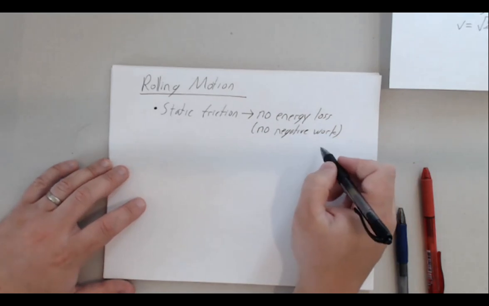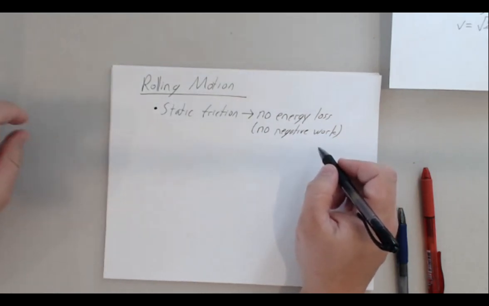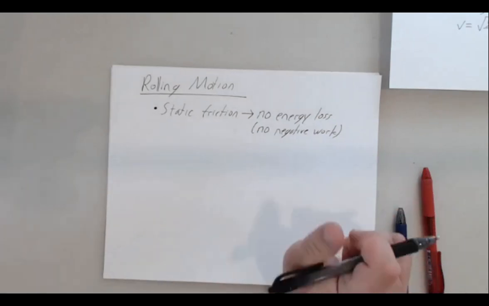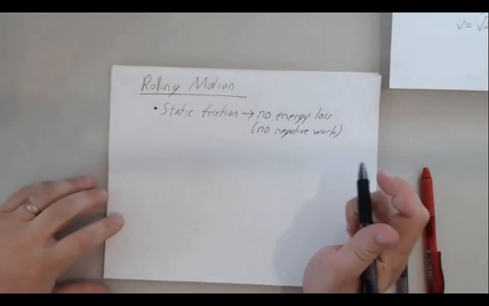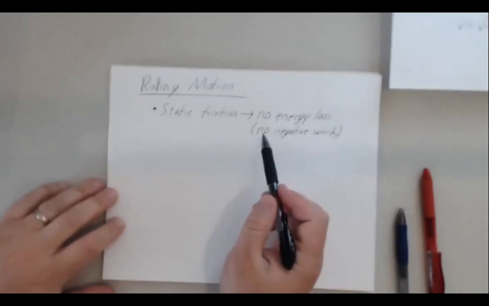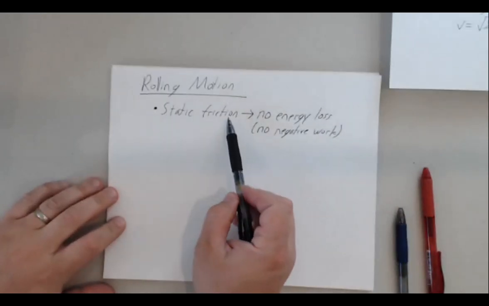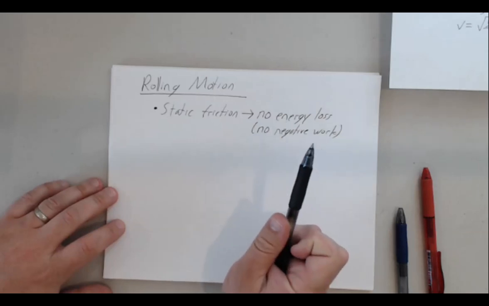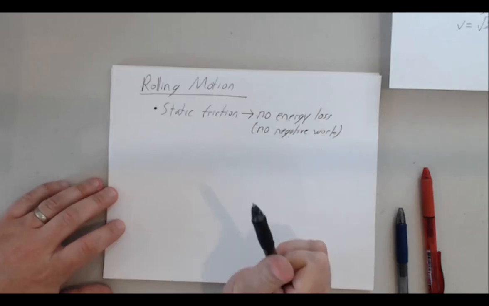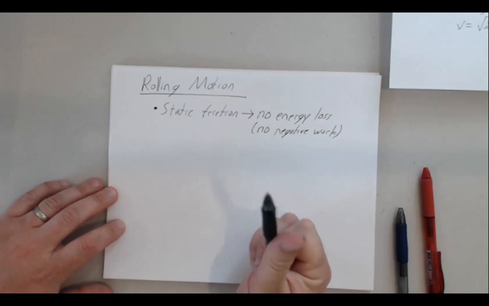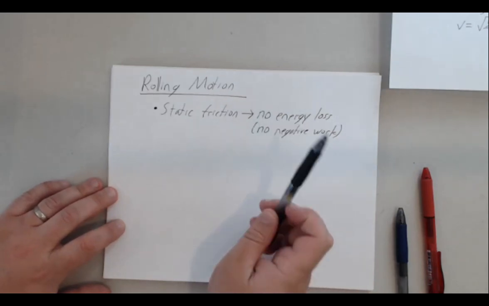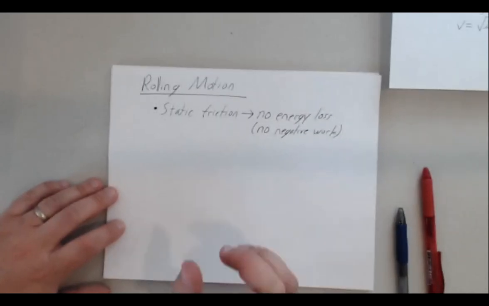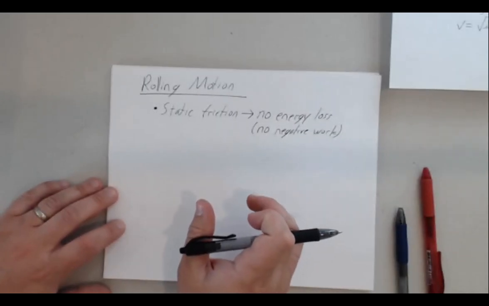Because remember, negative work is taking energy out of a system, and positive work is putting energy into a system. The static friction of rolling motion does no negative work. There's no loss of energy from static friction in rolling motion. Does that make sense?